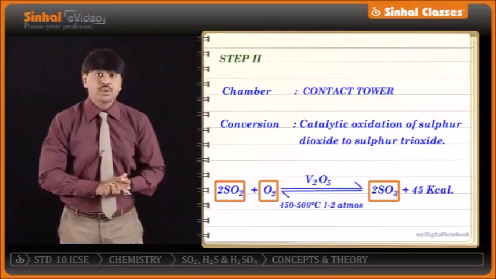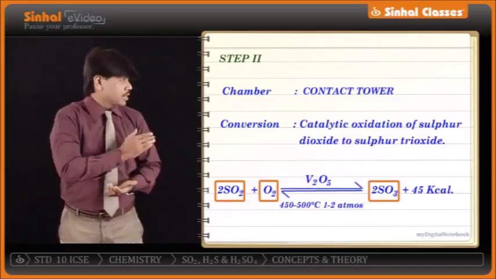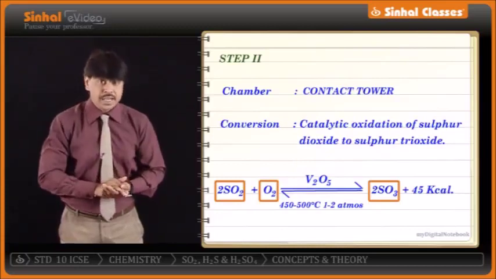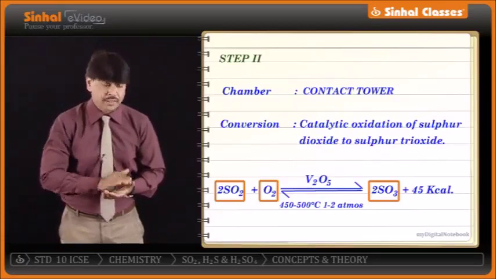It will form 2SO3, that is sulfur trioxide. Since it is an exothermic reaction, it will give out 45 kilocalories of heat.